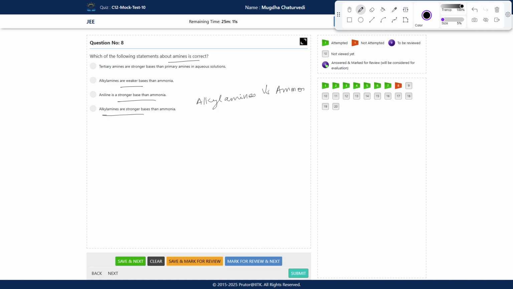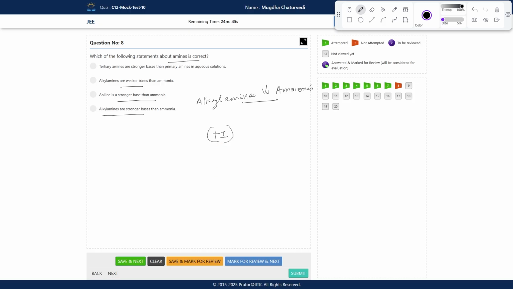The electron releasing nature, that is the plus I effect of the alkyl group, pushes the electron density towards nitrogen. So the electron pair of nitrogen is more available for sharing with the proton of the acid.